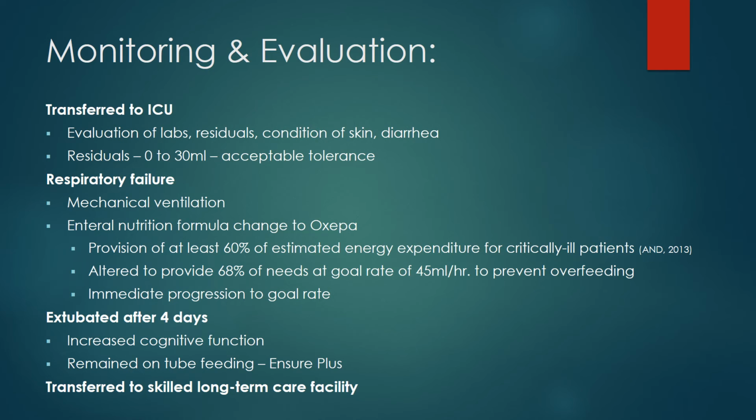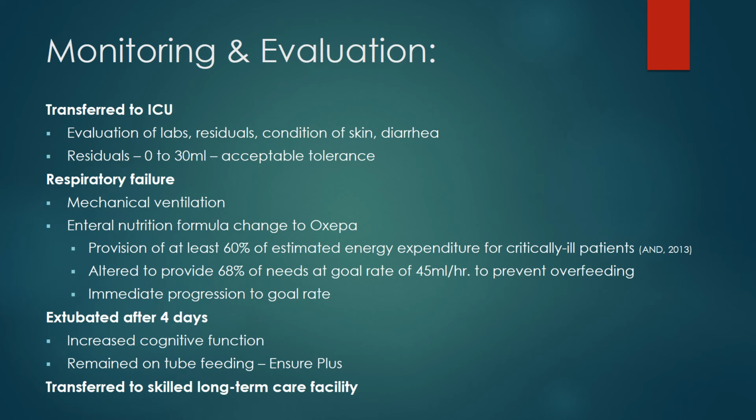So using the Academy's guidelines for critically ill patients, we wanted to make sure that we provided at least 60% of the patient's estimated energy expenditure, but not 100%, which we had been previously at. We had been at goal rate with the 65 mils per hour with the Ensure formula.